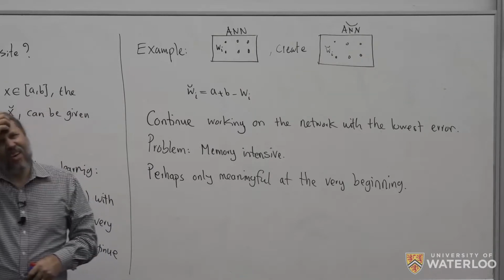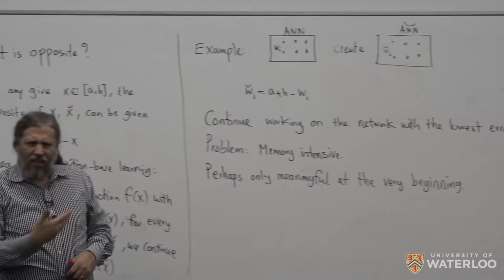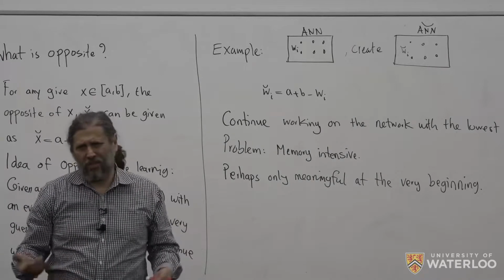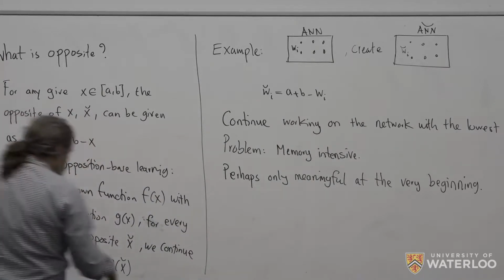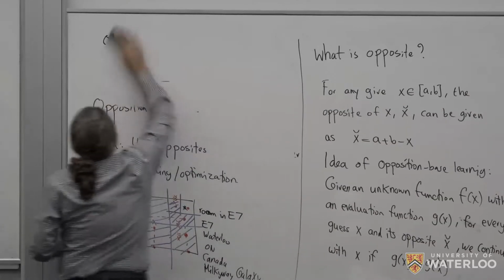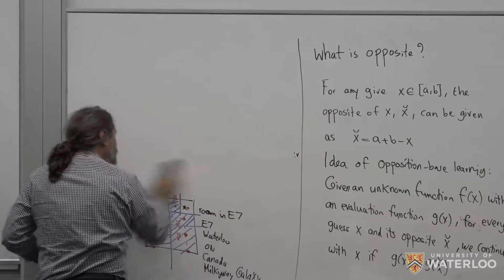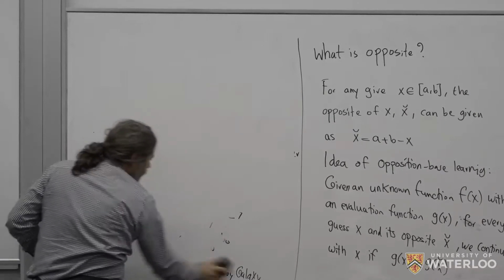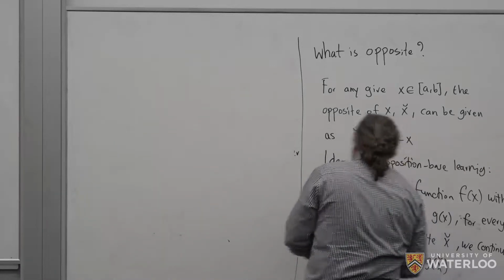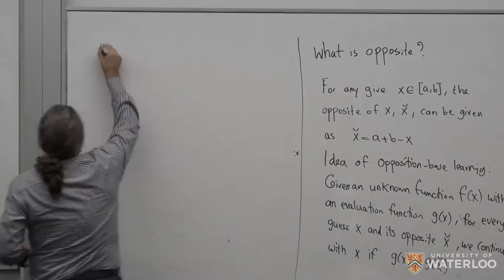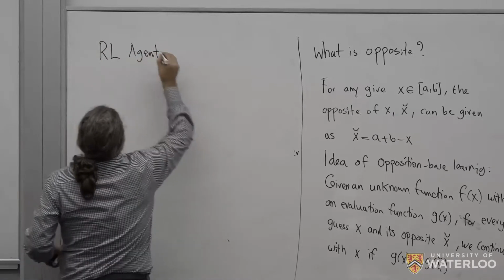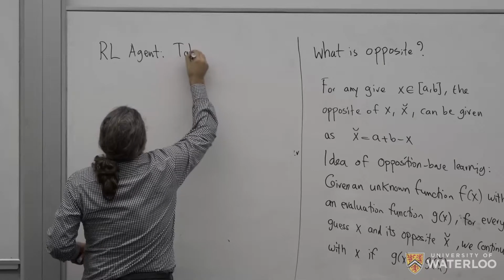Okay, I want to try this, but this is hard. Neural networks are not easy to work with, so maybe I apply it on something else. What about reinforcement learning? Well, we said that the easiest way of implementing a reinforcement learning agent is the tabular implementation.